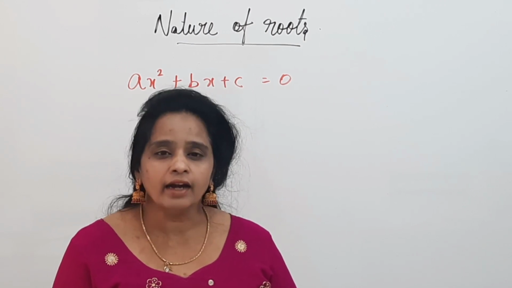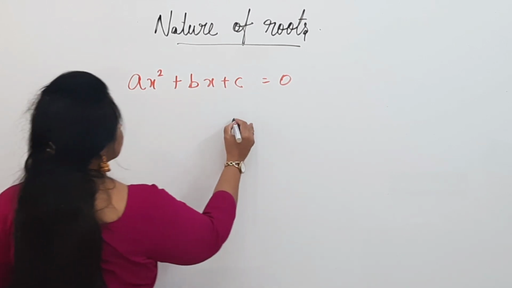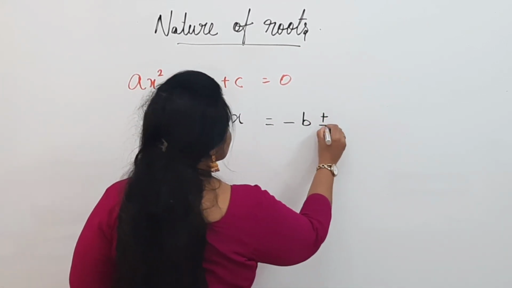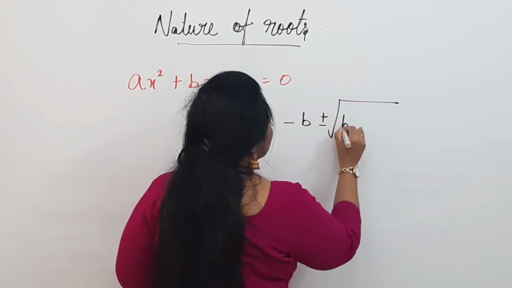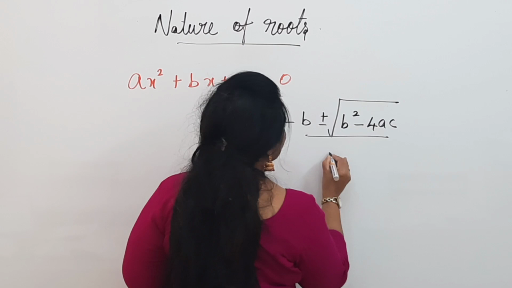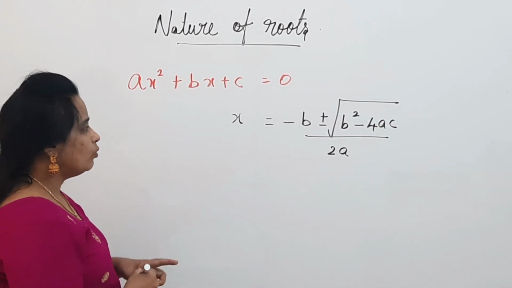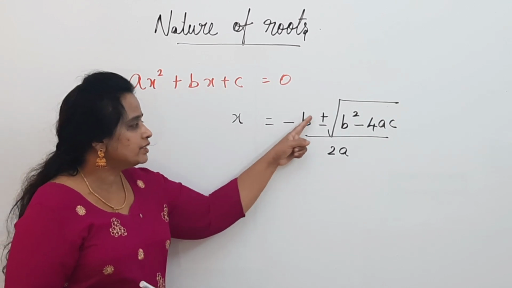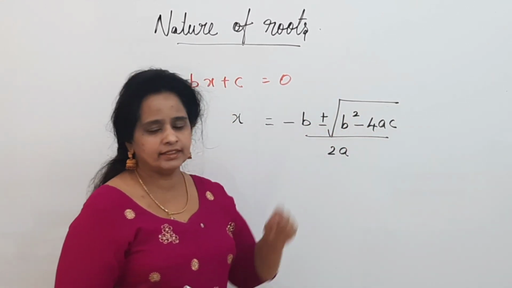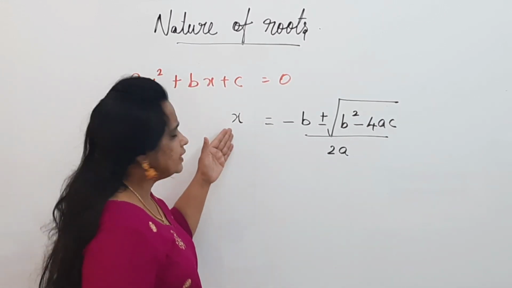The roots are given by x is equal to minus b plus or minus square root of b square minus 4ac divided by 2a. That is, x is equal to minus b plus or minus square root of b square minus 4ac divided by 2a. Now, ma'am, why are you writing x?